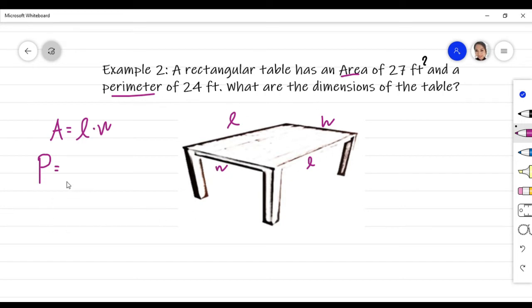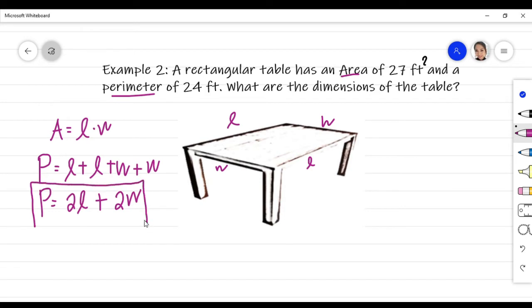So we have L plus L plus W plus W. So perimeter is equivalent to 2L plus 2W, while area is the product of the length and the width.